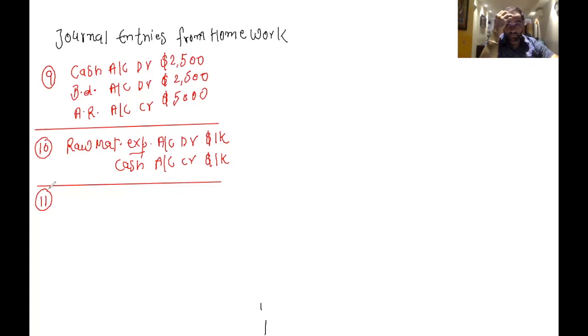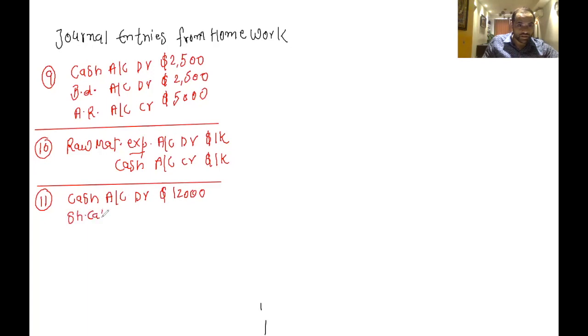Cash is debit, 12,000. Share capital is 10,000 and share premium is 2,000. Yes. So cash account debit because cash increased by $12,000. And the value of a share is $10 each, so $10 multiplied by 1,000 is 10,000.